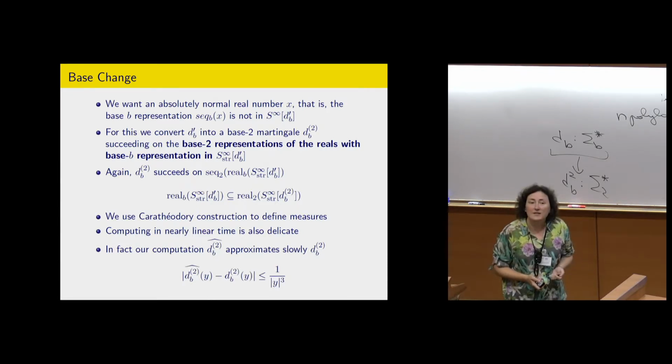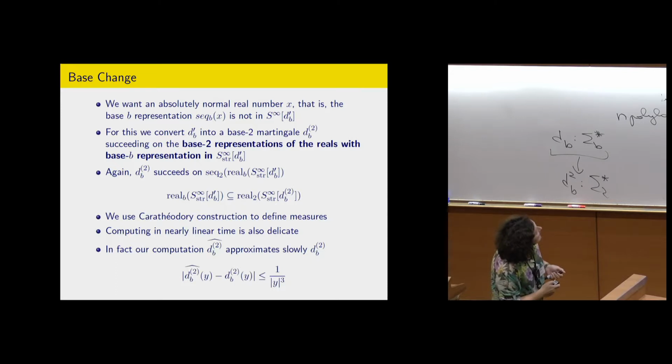The computations in this quasi-linear time and polylog need to be carefully done. For instance, the computations we get for this base change martingale don't approximate the martingale very quickly. For input y, I get an approximation at distance 1 over a polynomial of y.